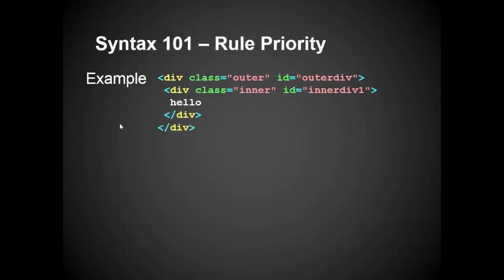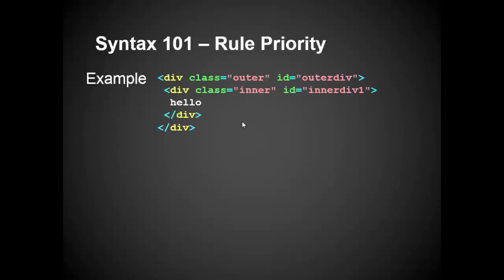So if your answer was the style that's going to be applied is the style of the ID inner div, then the style of the outer div ID, then the style of the class inner, and then the style of the class outer, if this was your answer, it's wrong.